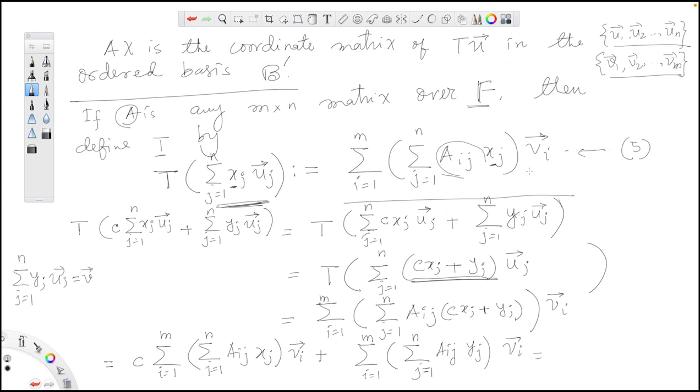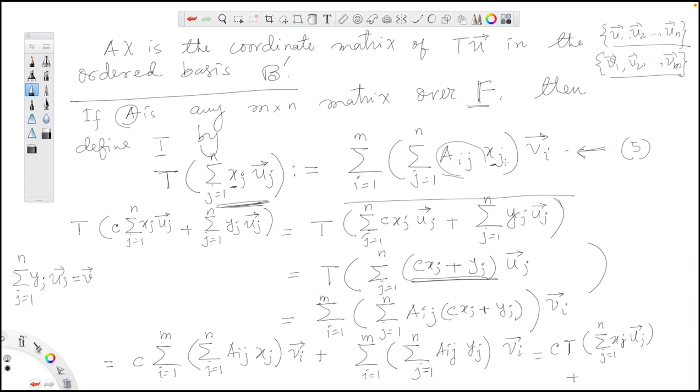Now I invoke the definition 5 again to write this as C times T acting on this vector xj uj vector, where j runs from 1 to n, plus, for this expression, remember that this is v, so this is according to this definition.